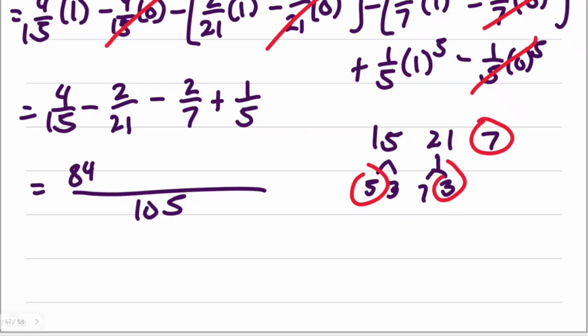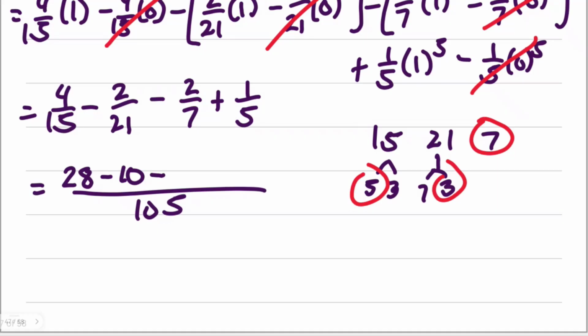Okay. That's why I am very confused with what my process is. So now, it's correct. Still 105 for your LCD because you have 5, 3, and 7. So 105 divided by 15 is 7. Yeah, 7. 7 times 4 is 28. Next, 105 divided by 21 is 5 times 2 is 10.